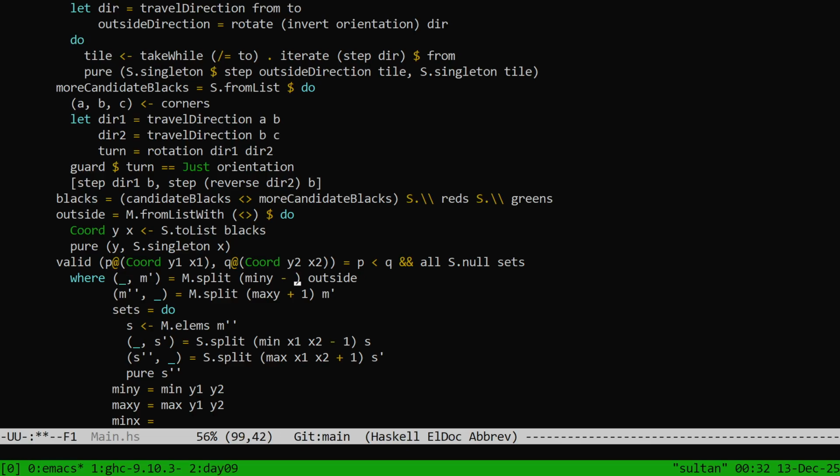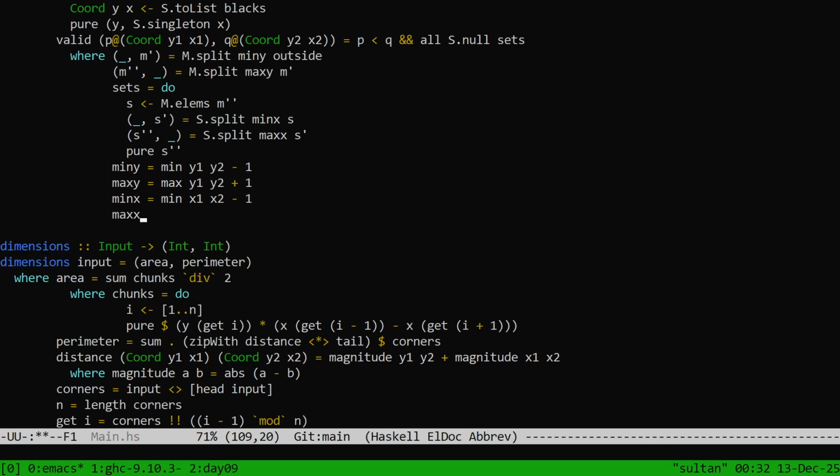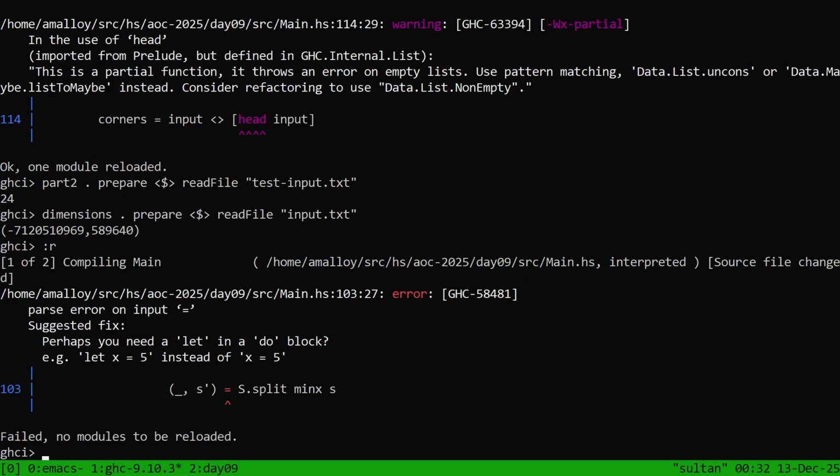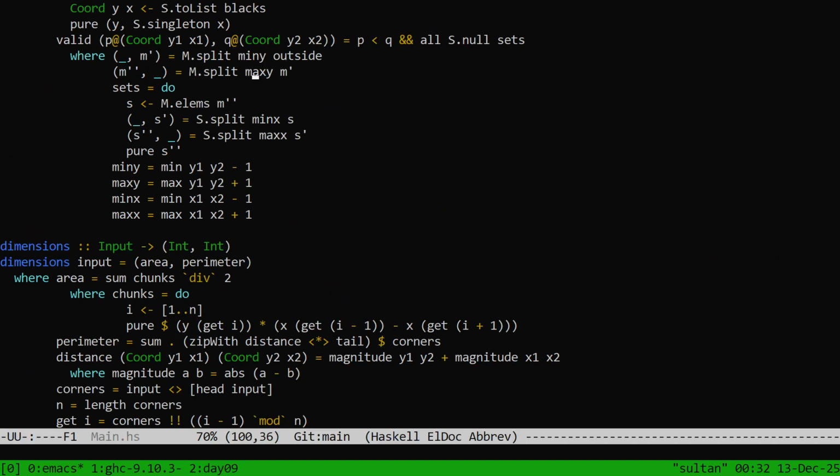Oh, I guess I can put the -1s in here as well. This. Oh, sure, let.